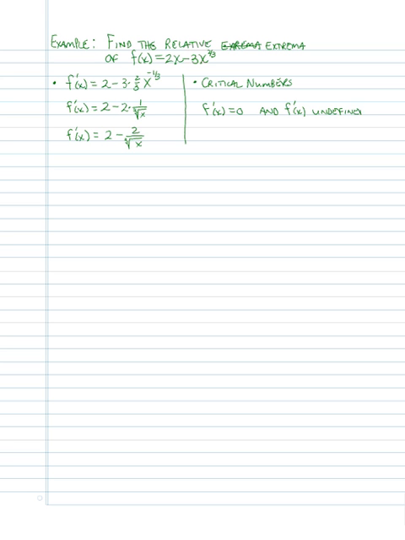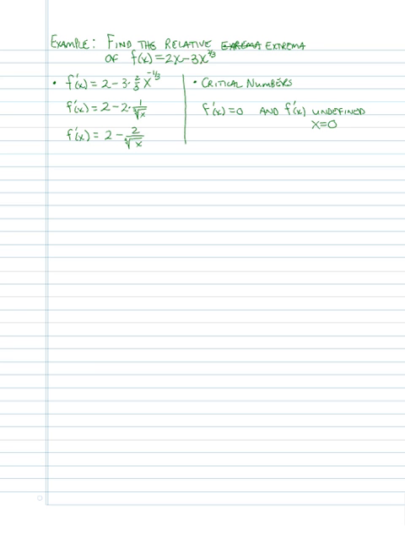Let's first consider where the derivative is undefined, because in this case, the derivative does have a denominator involved in it, the cube root of x. And so the only way that denominator can be 0 is if x is 0. And so the derivative is undefined if x is equal to 0.